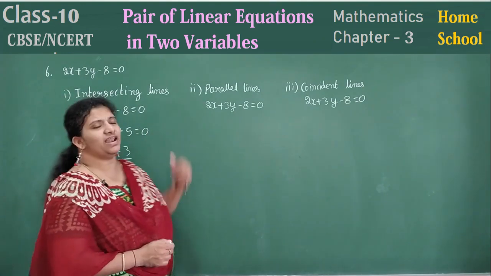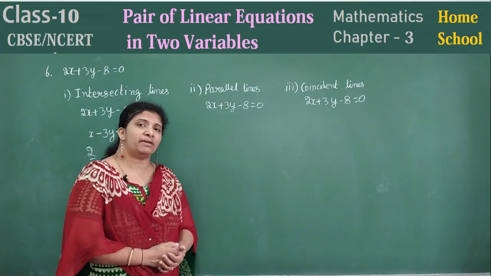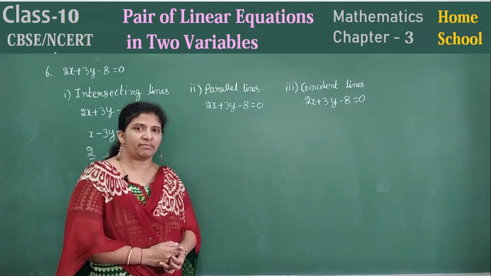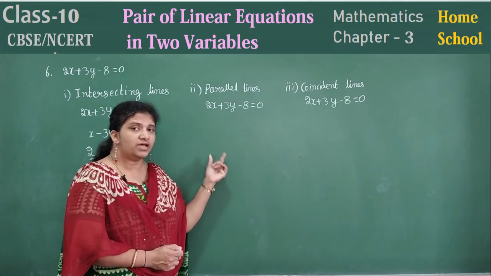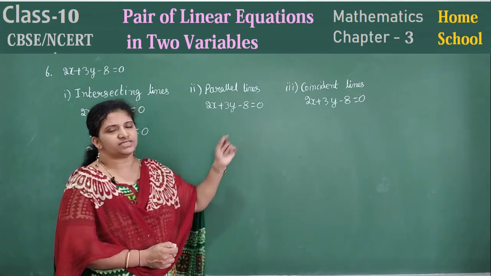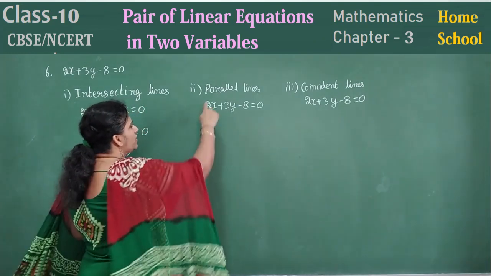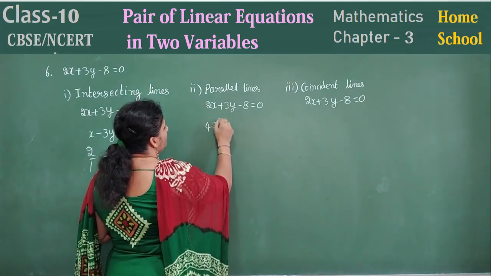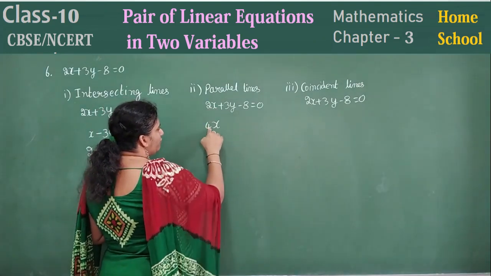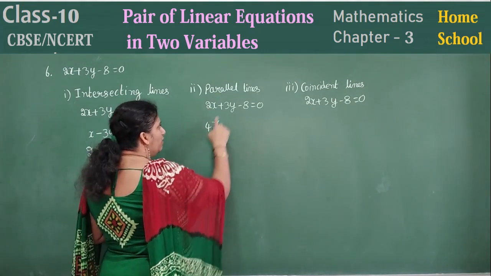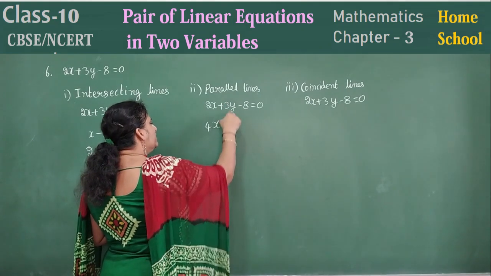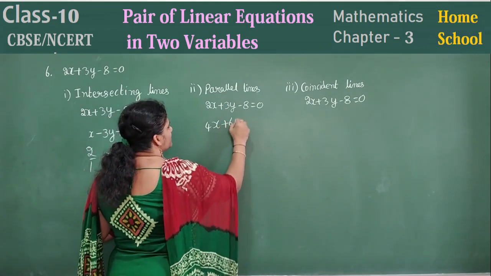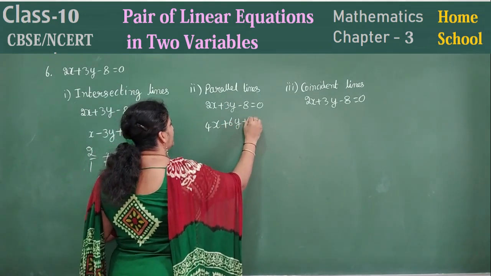So look here, parallel lines. When will they be parallel? When A1 by A2 is equal to B1 by B2 but not equal to C1 by C2. So let's write here A1 by A2, 2 by 4, if cancelled, 1 by 2 will come. Similarly, 1 by 2 should come for B, means I need to write 6y plus 3.